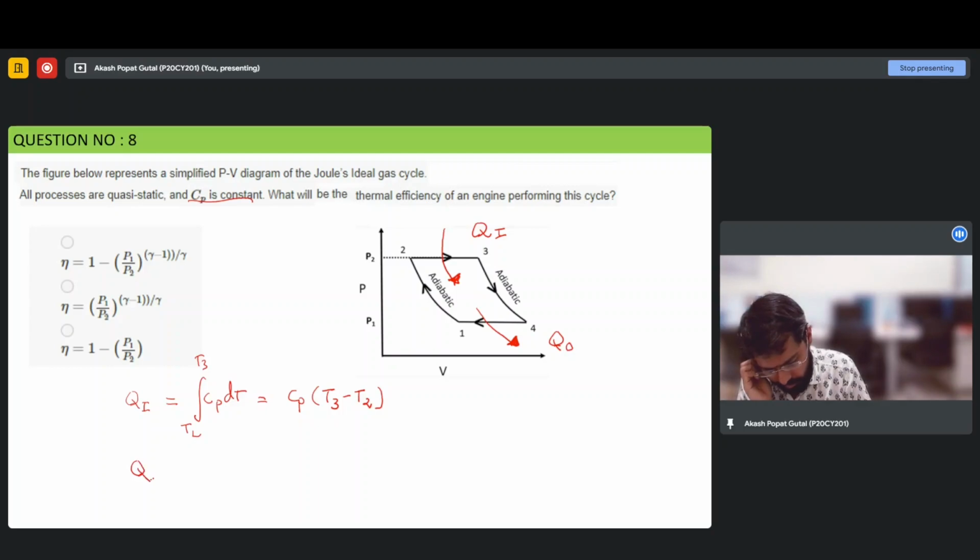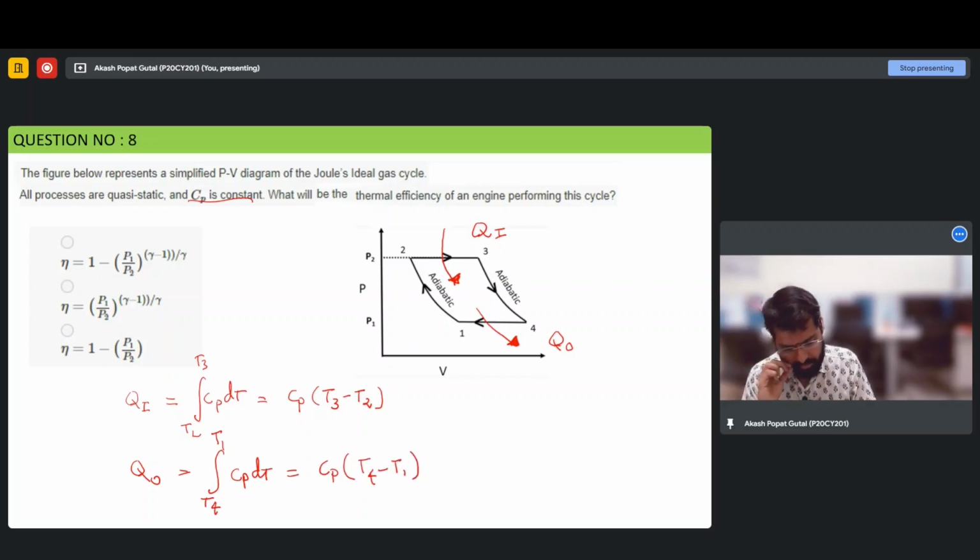And Q out is nothing but the integration of Cp dT from T4 to T1, which is equal to Cp times (T4 minus T1). So this is the Q in and Q out.